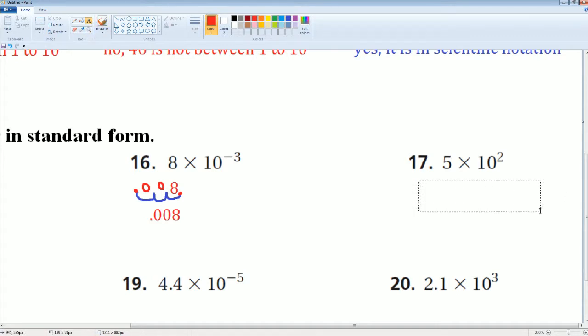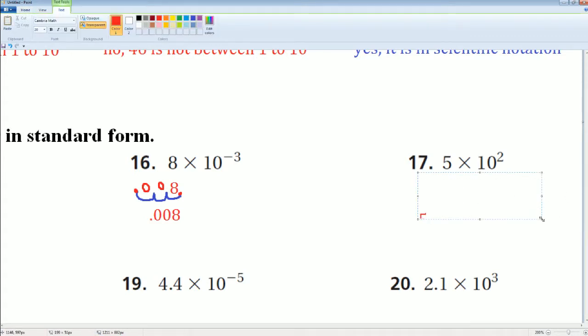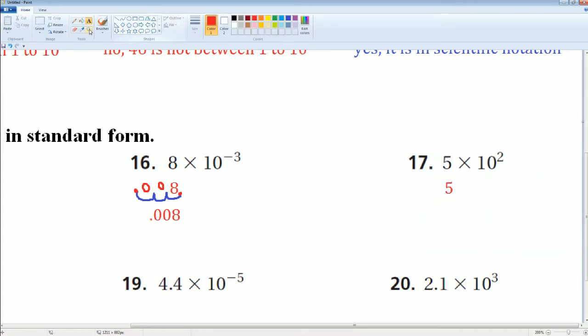Alright, let's do this. We put the 5. There you go. Put the dot. Then we go to the right or to the left? To the right, right? This is positive. So this is 1, 2. Good. Put the dot here.